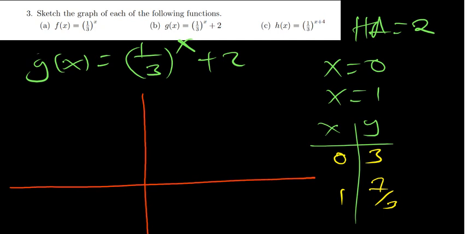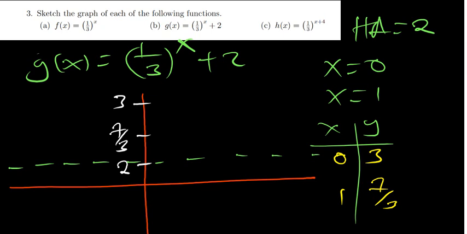I'll have my 2 here, then here I'll put 7 over 3. We know that 6 over 3 is 2, so 7 over 3 is going to be 2 point something, which has to be a bit on top of 2. Here we have 3. So the horizontal asymptote is at 2. I'm going to cut here with this line, that's where our horizontal asymptote is.